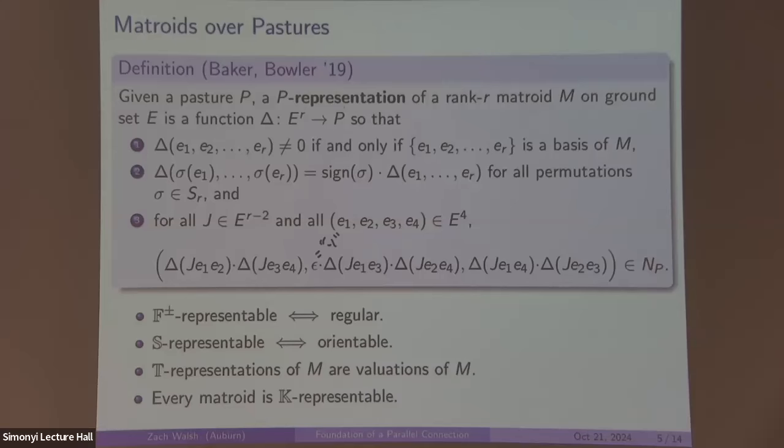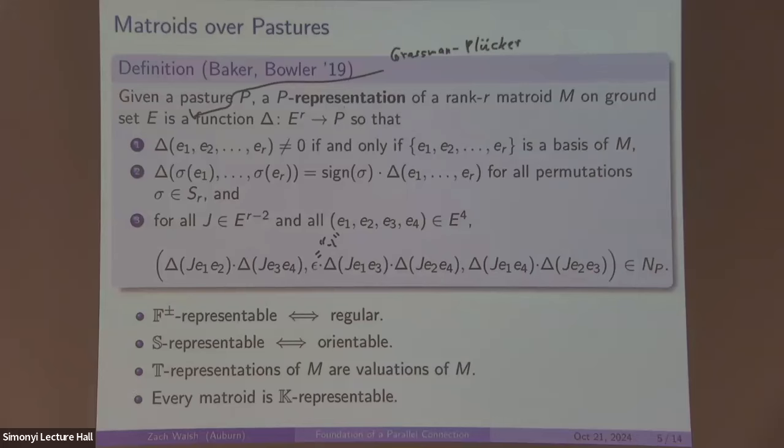This is either going to be a 1 or an epsilon. I should mention before I forget that this is called a Grassmann-Plücker function in the current terminology. Is epsilon times epsilon equal to 1? Yes, yep.